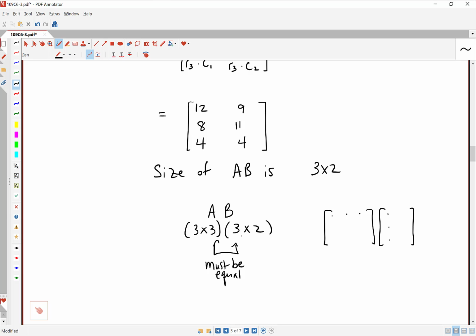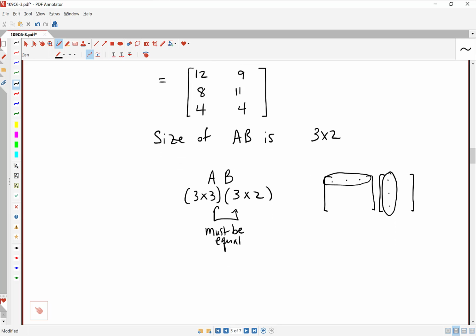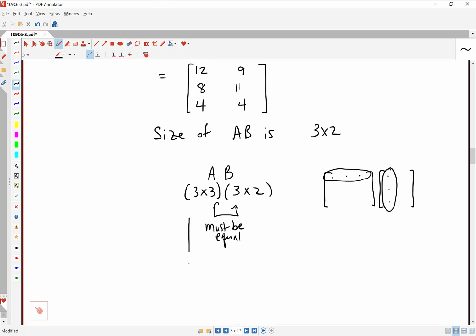So to say these middle numbers are equal is to say there's the same number of entries here as there is here. If you had a different number of entries, then you wouldn't be able to compute that dot product. Okay, so those inner numbers must be equal, and then the outer numbers give the size of AB.